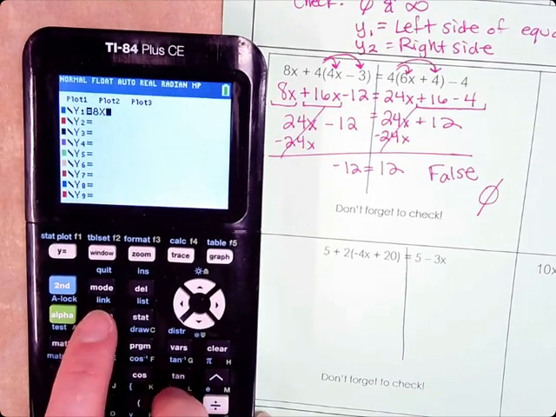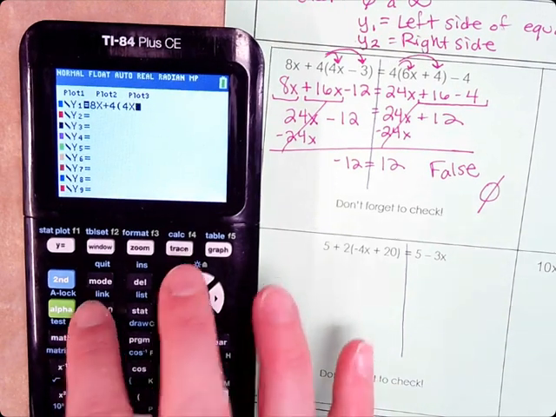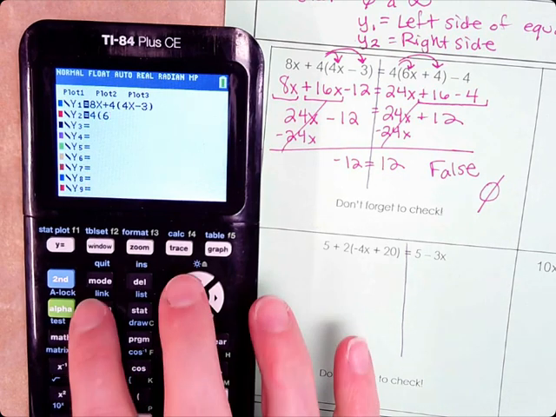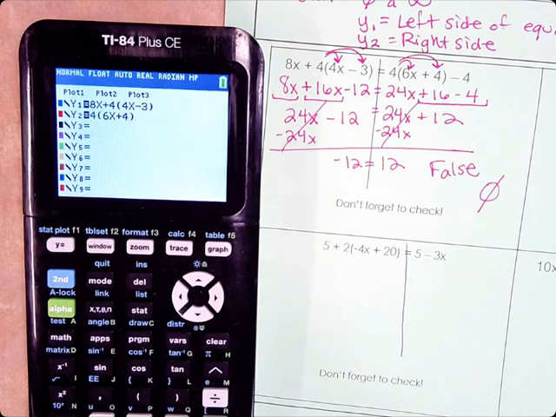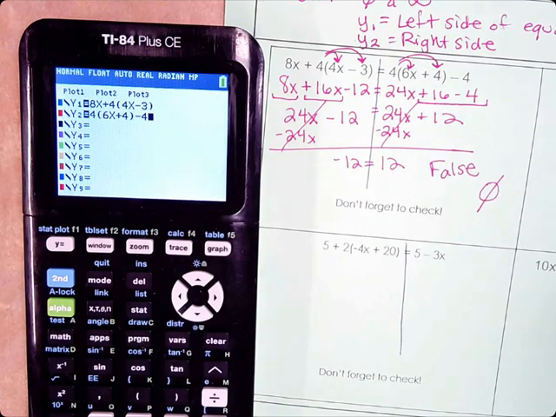So 8x plus 4 parentheses 4x minus 3, close parentheses. Then in y2, put in the right side, 4 parentheses 6x plus 4, close parentheses, minus 4. And then go to graph.